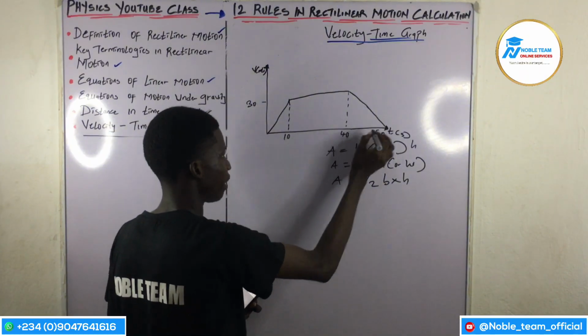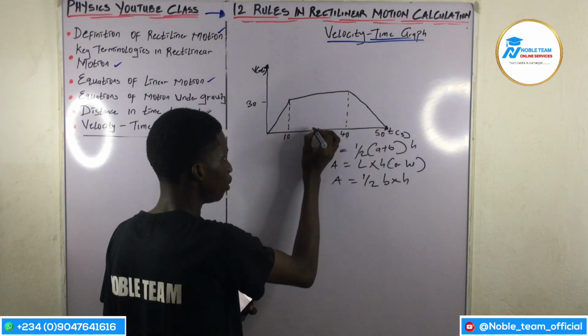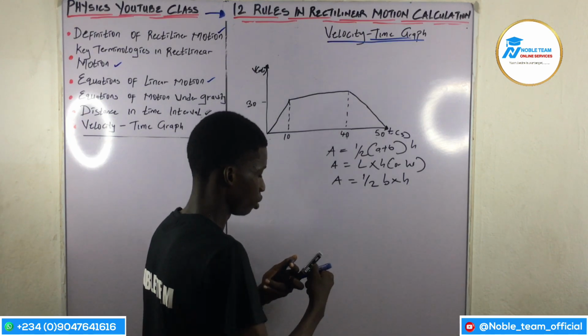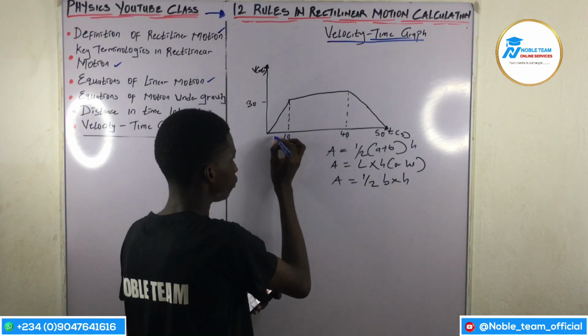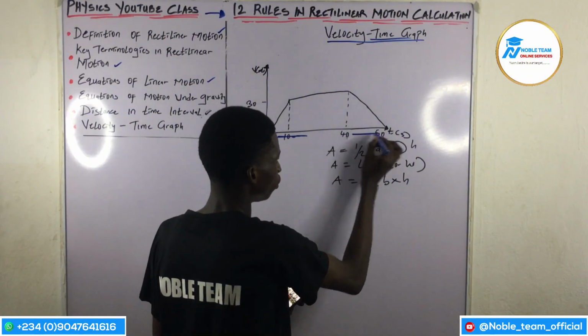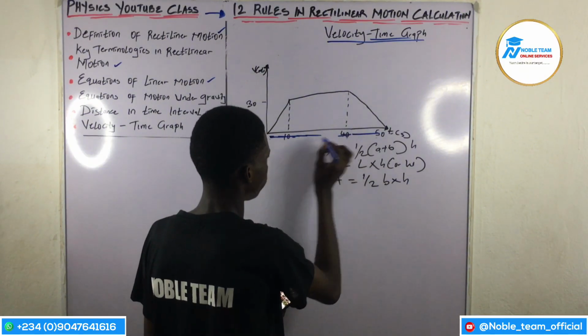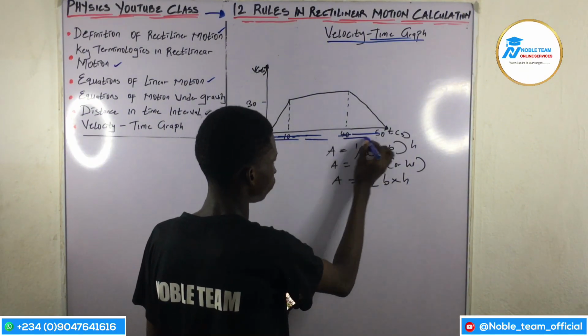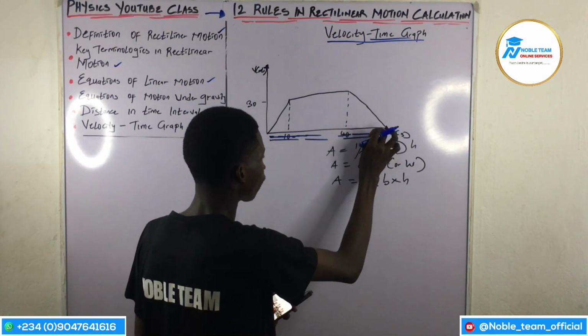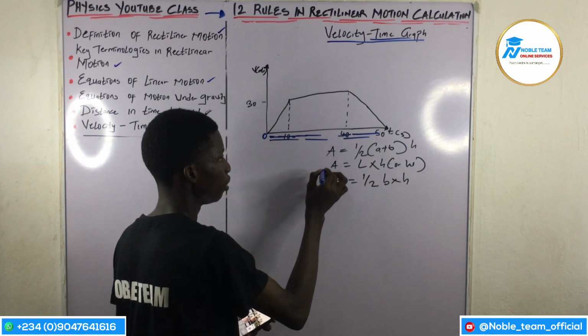This is a uniform line from here to here. You understand? This particular line is my A, which is from 50 to 0. This place is 0. You understand now?